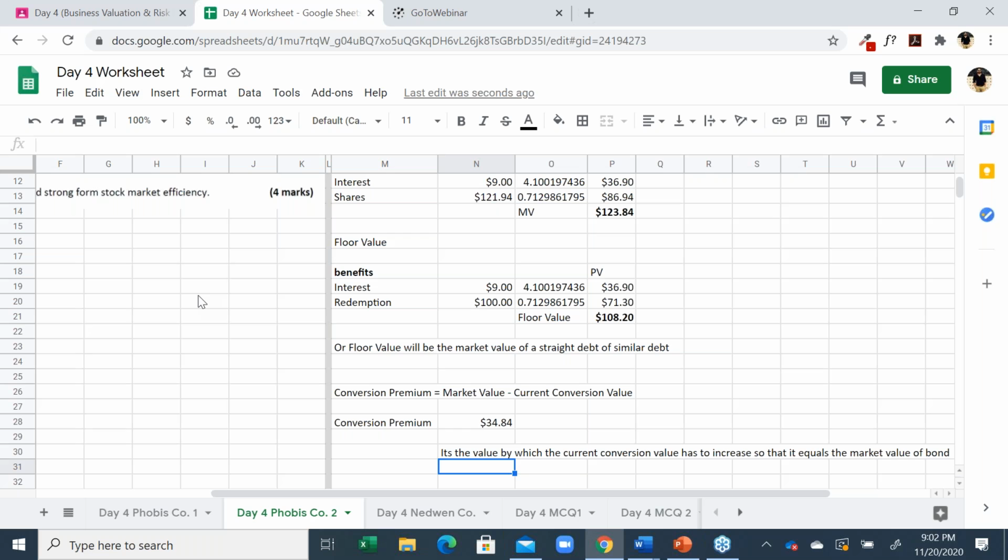Do you people have any idea about market efficiency? What is market efficiency? I'm not talking about the forms of efficiency. Just tell me what is meant by market efficiency.